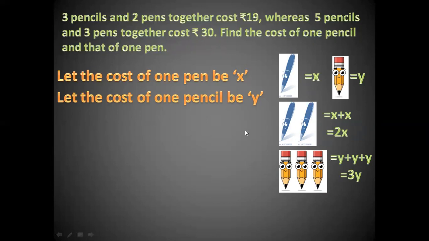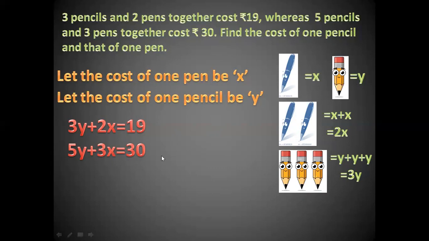So how will you write the equation now? 3 pencils means 3y plus 2 pens, that is 2x, is equal to 19. Now what is the cost of 5 pencils? 5 pencils cost is 5y. What is the cost of 3 pens? 3 pens will cost 3x. So the equation is 5y plus 3x is equal to 30.